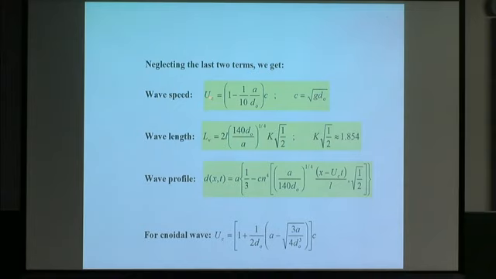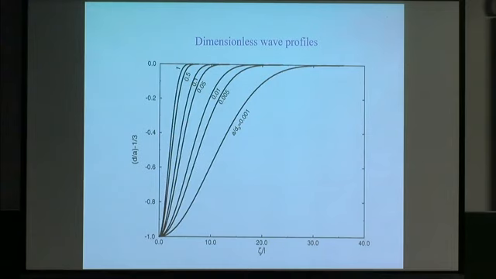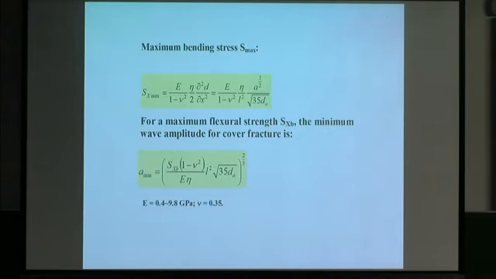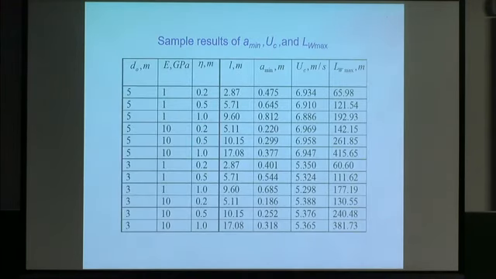The wave speed of the open water wave is like this, and the wave speed with cover is modified by 1/10 of the amplitude of the wave. And then we have the wavelength and wave profile. So the profile looks like this, and then we calculate the bending stress and so on, and get a few examples.